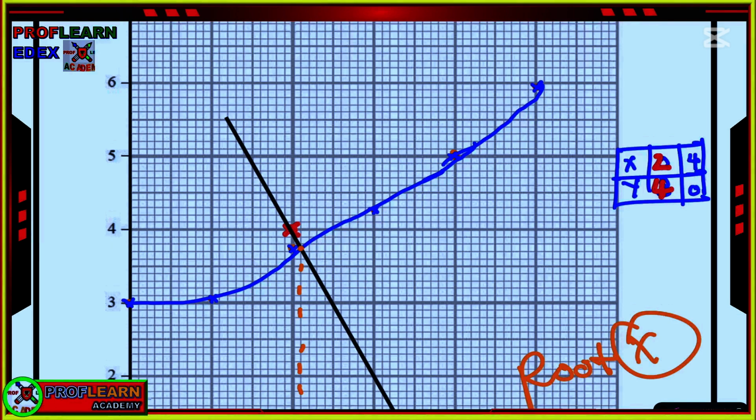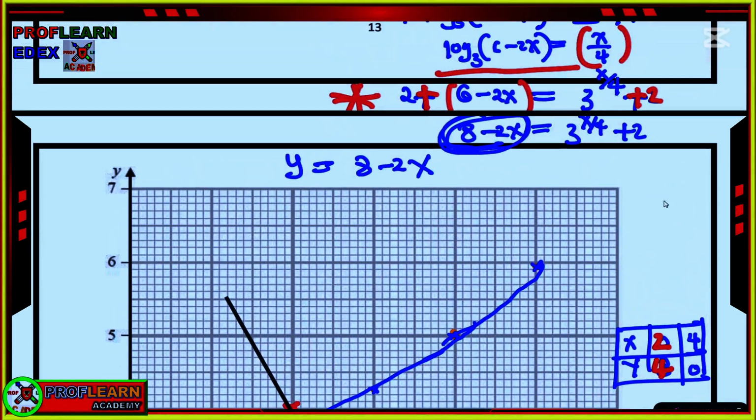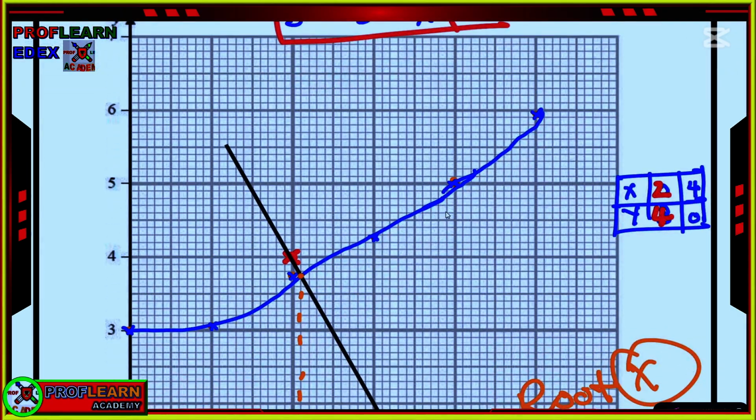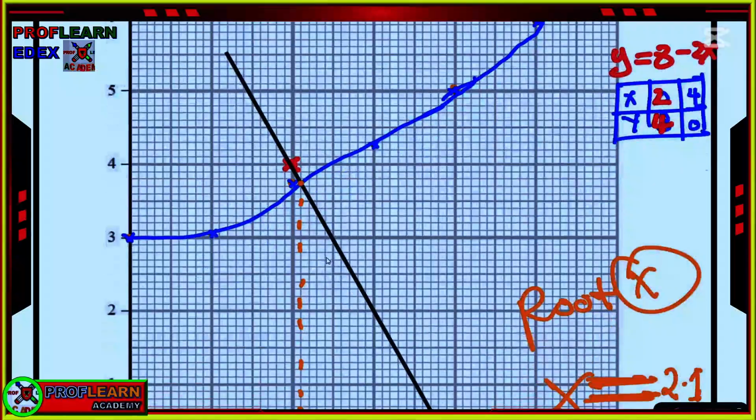But on the other side, what are we having? We are having 2 plus 6 will be 8 minus 2x. So we are going to plot a straight line graph. This is the graph that we need to draw so that we can solve and find the root. So we shall have plotting y equals that, and we are going to get a straight line.